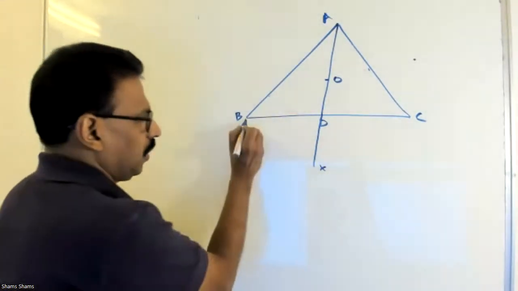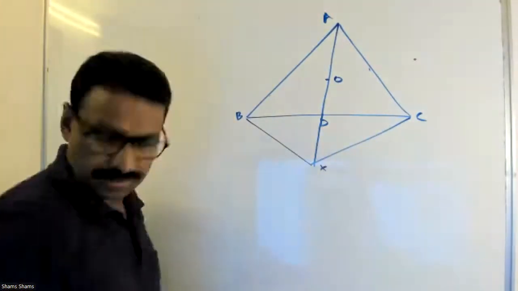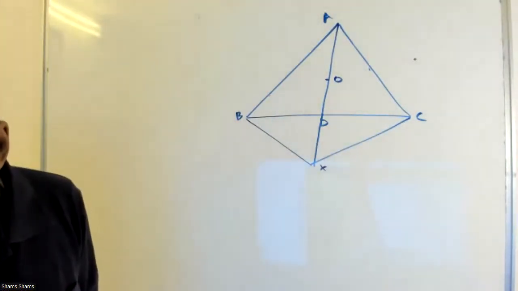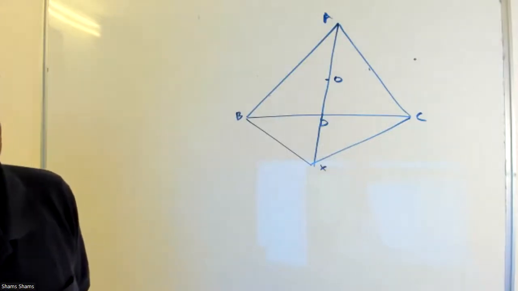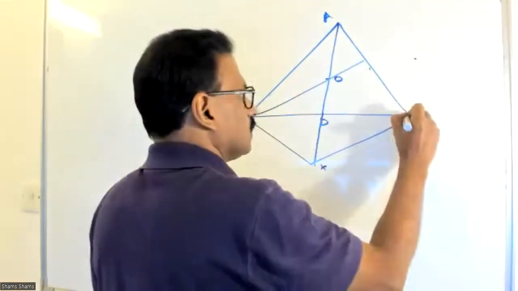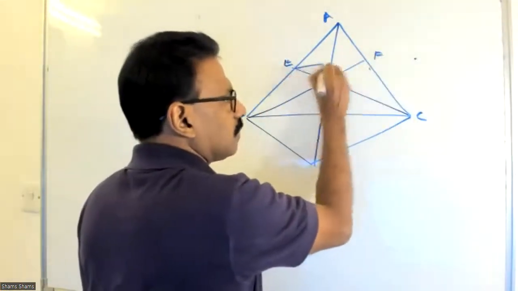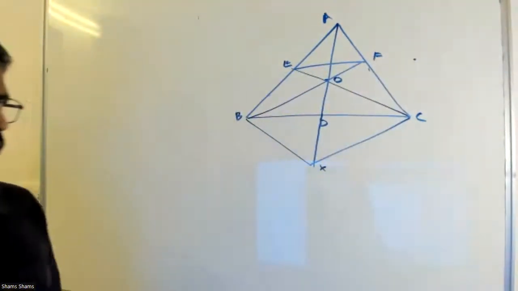Then join this one. BO and CO are produced. This is E, here F. Okay, this is the figure.